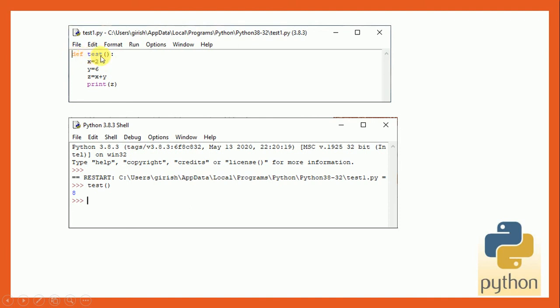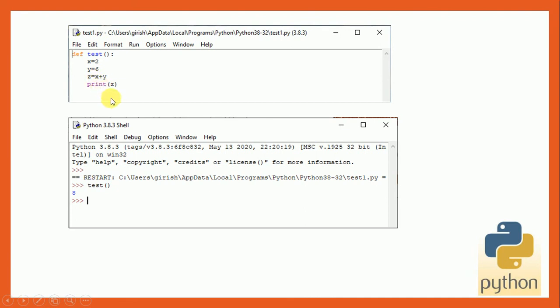So this is the syntax of writing a function header. def, that is the keyword. Then after that, function name, parenthesis and a colon. Clear? After that, we are writing the function body. In this function body, x assigned 2, y assigned 6, z assigned x plus y. Clear? Then after, printing z.